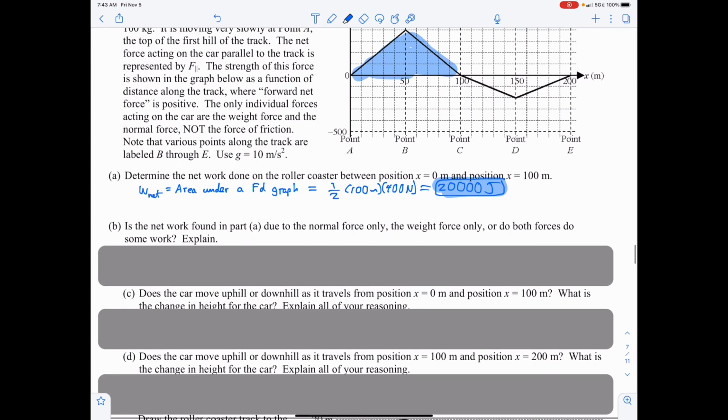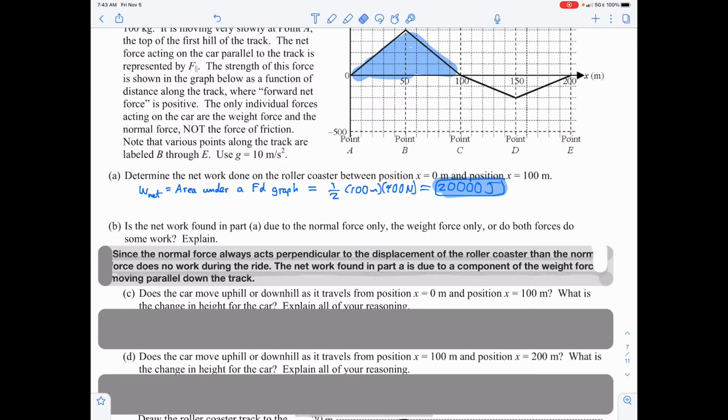Part B, is the net work found in Part A due to the normal force, the weight, or both forces do some work? Since the normal force acts perpendicular to the displacement of the roller coaster, the normal force does no work during the ride.